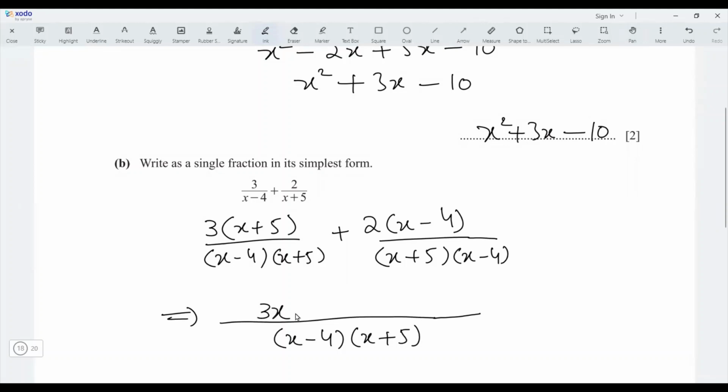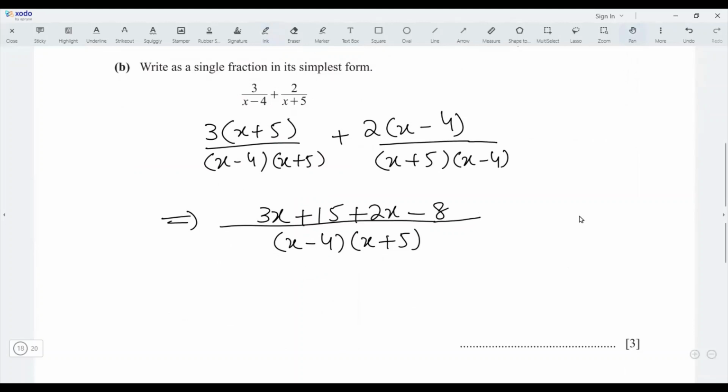Numerators will be multiplied and simplified as it is. So 3 times x is 3x plus 3 times 5 is 15. And this plus will be considered with this 2. So 2 times x will be 2x, 2 times minus 4 is minus 8. Simplify them: 3 plus 2 is 5, we can write down 5x. 15 minus 8 will be plus 7.